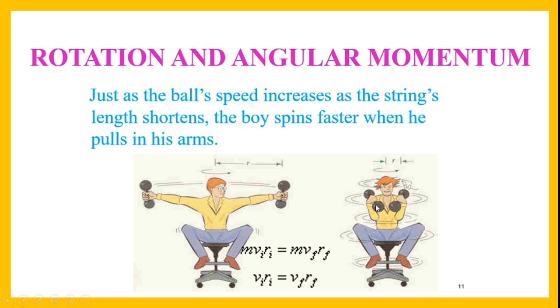Hence, because his angular velocity increased, he starts spinning faster than in the previous case. So let us say in the first case we have the values m v_i r_i, and in the second case m v_f r_f. So m gets cancelled, that means v_i r_i is equal to v_f r_f.